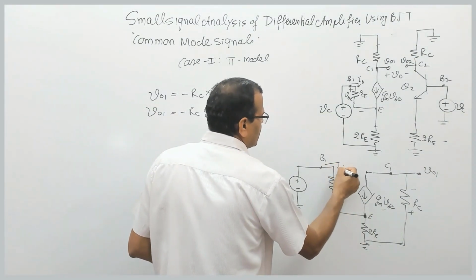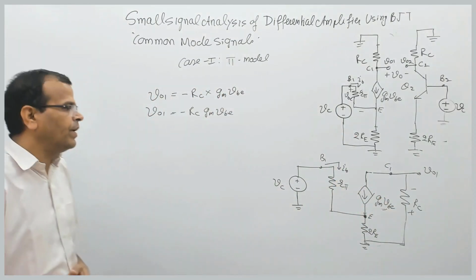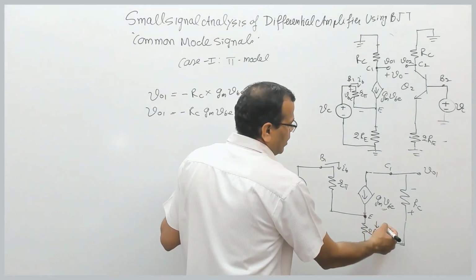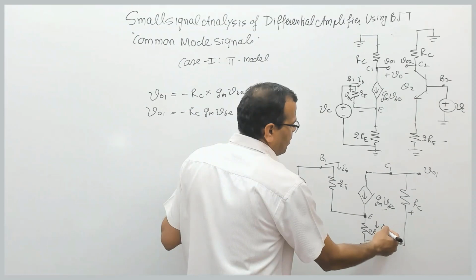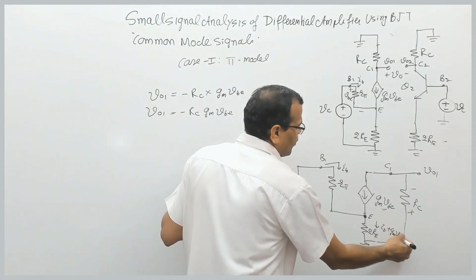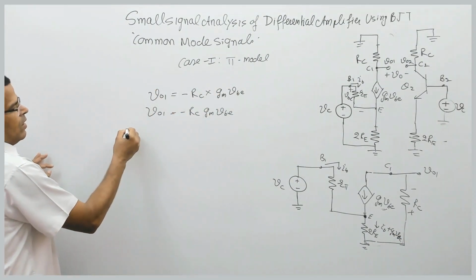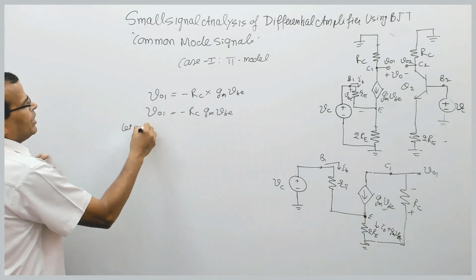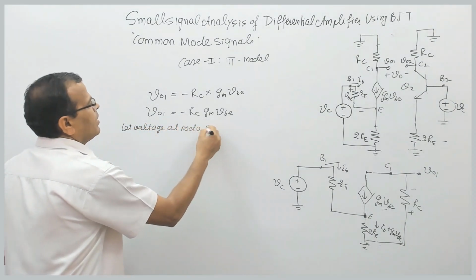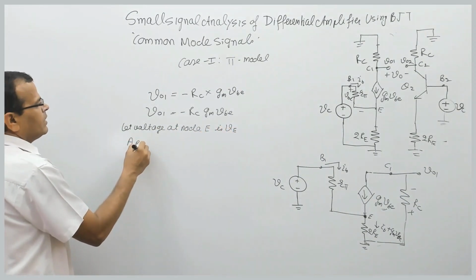What is this current? That is IB. What is this current? gm VBE. Fine. What is this current here? That is the sum of these two, IB plus gm into VBE. So, let the voltage at node E be VE.